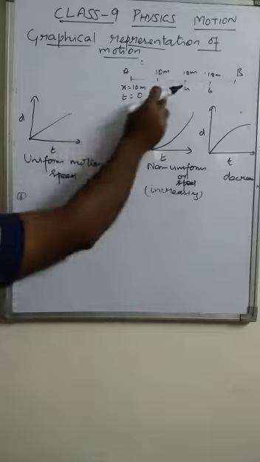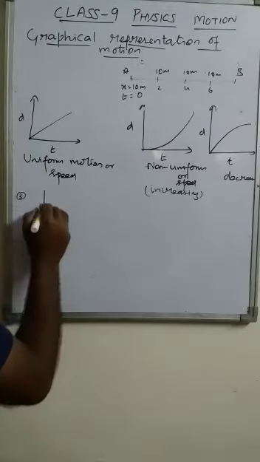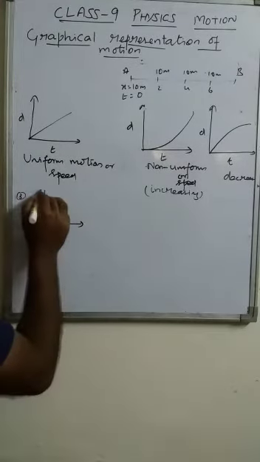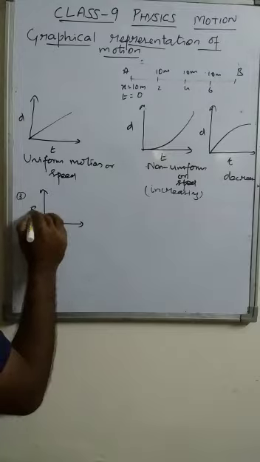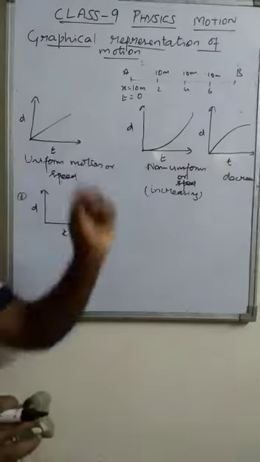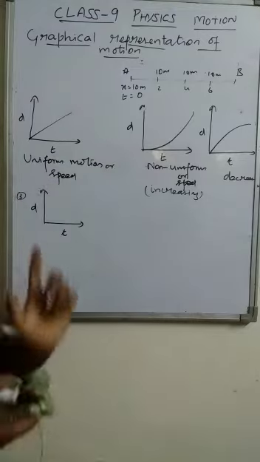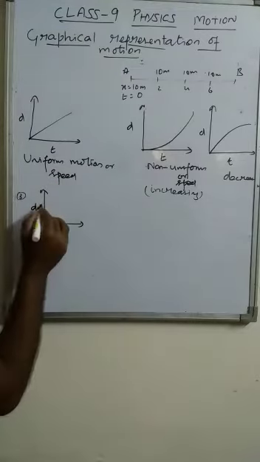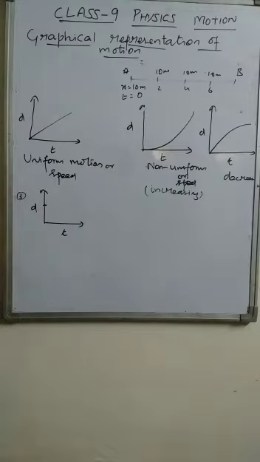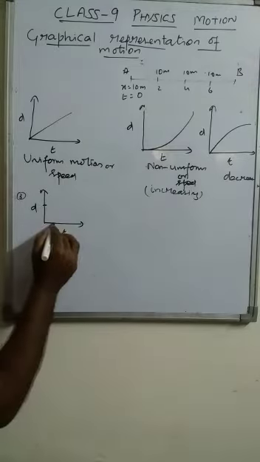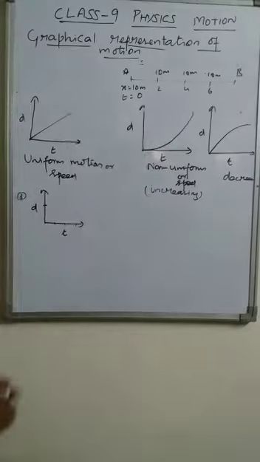So if we plot the distance-time graph for this, we have time and distance. Since the position is not changing, we can say the object is at rest. Suppose this is the point 10 meter, and 2 seconds, 4 seconds, 6 seconds like this.